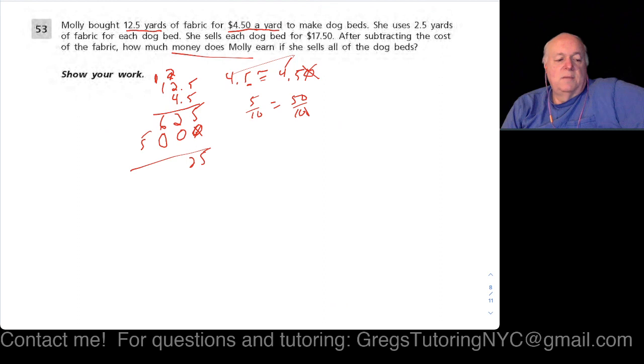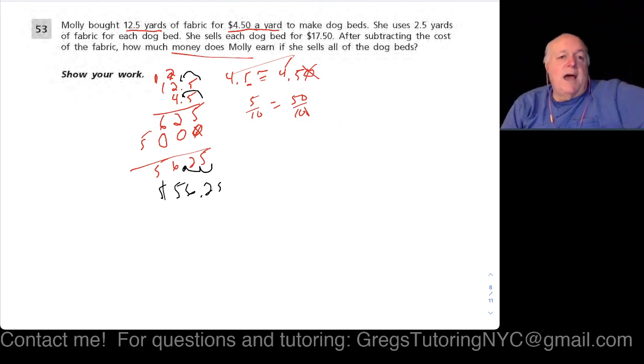Okay. And this, let me change the color of this for 1 second. There's 1 decimal point that moved over here and 1 decimal point here. So that means for my answer, I have to move it over twice. So I get $56.25. I am not finished.